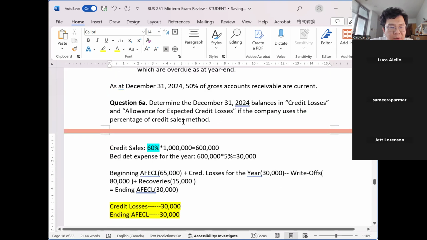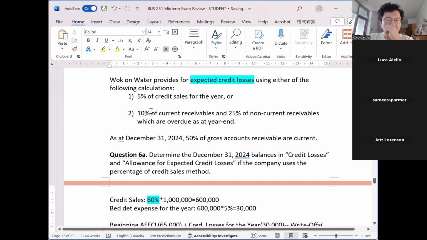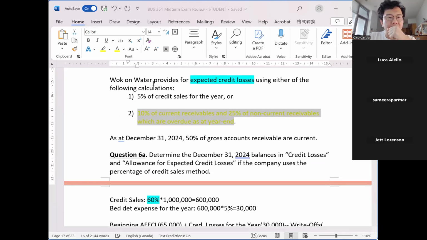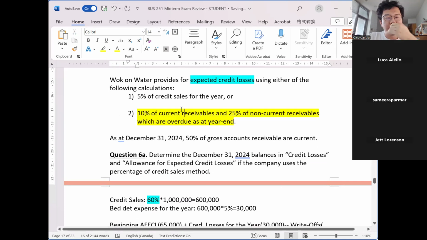Let's read the question again. 10% of the receivables. Now we have the receivables already. So 10% of the receivables and 25% of non-current receivables, which are overdue as at year end. And 50% of the gross account receivable are current.